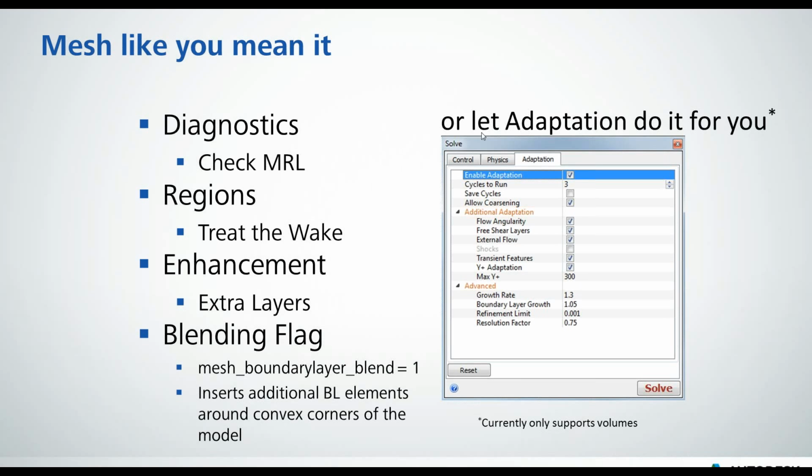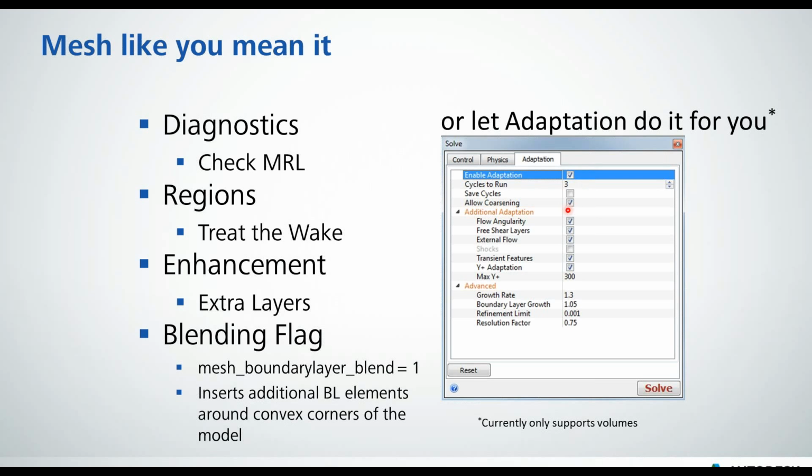Okay, so what I was saying is that we were trying very hard to make it easy for you in CFD to mesh like you mean it. So you can just turn on mesh adaptation. It's a feature we have for you that allows you to, with a couple of clicks, have the mesher figure out where your flow needs more mesh, and it'll put it in for you. All right, so one of the ways to do this is you would go ahead and enable the adaptation with the checkbox.